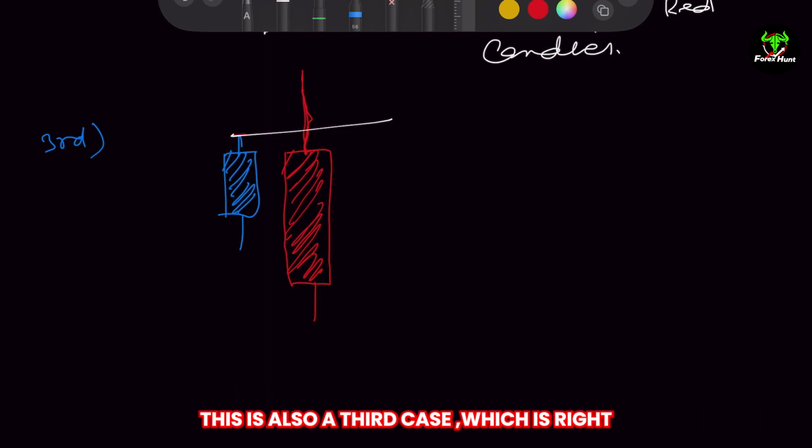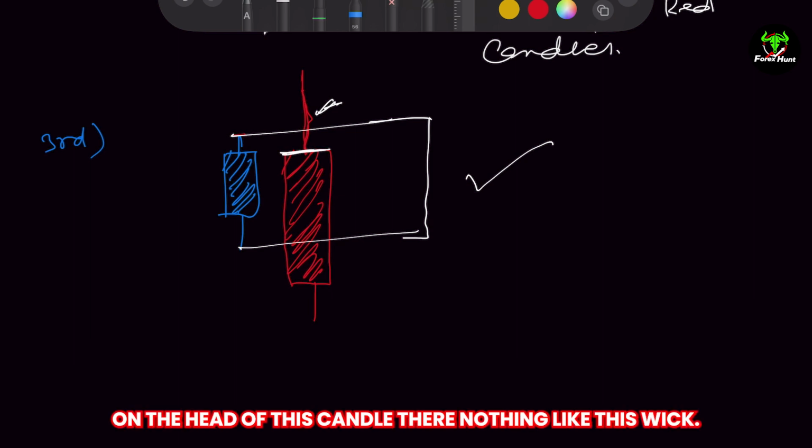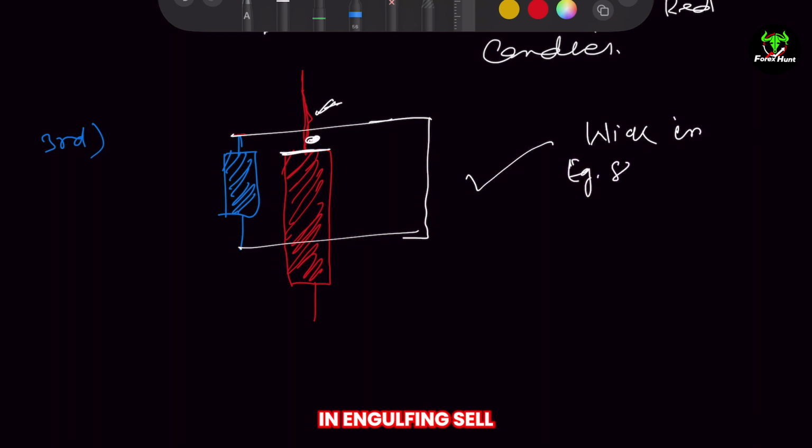So this is also the third case, which is right. Even in the case there is no wick, only the body is here, and there is nothing on the head of this candle, no wick like this, so this is also accurate. The upper wick in engulfing sell is not important.